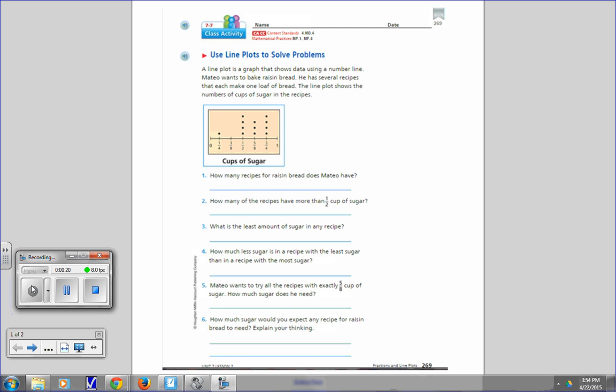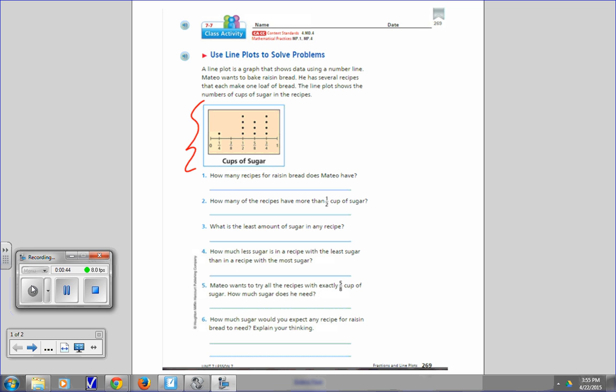And this line plot right here tells me the story about Matteo, who wants to bake raisin bread, and he has several recipes that each make 1 loaf of bread. The line plot shows the numbers of cups of sugar in the recipes. How many recipes for raisin bread does Matteo have just by looking at this line plot?